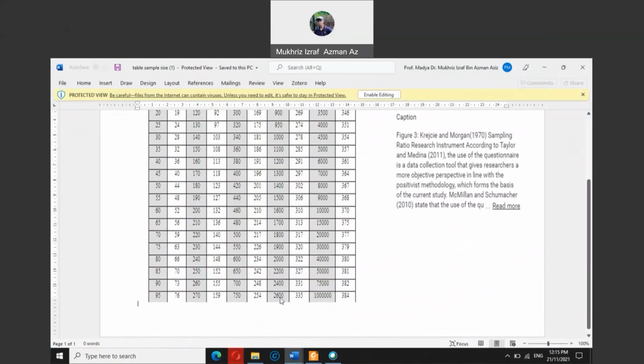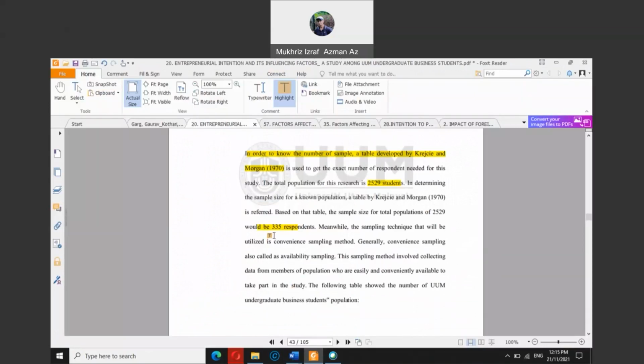So we use 2600 as our benchmark. So the minimum sample size should be 335. That's why the student outlined here the sample size, or the number of samples required, for a population of 2529 should be 335.